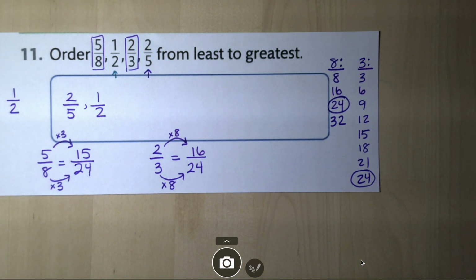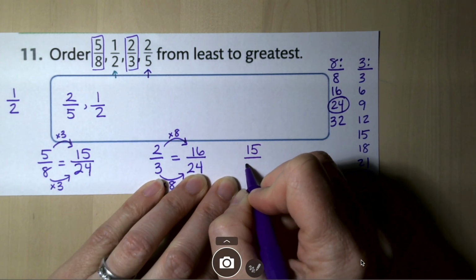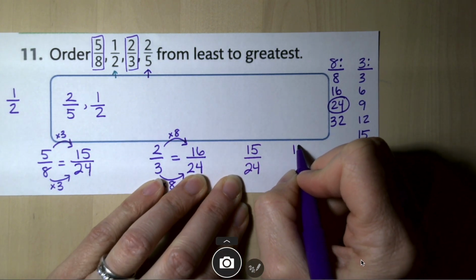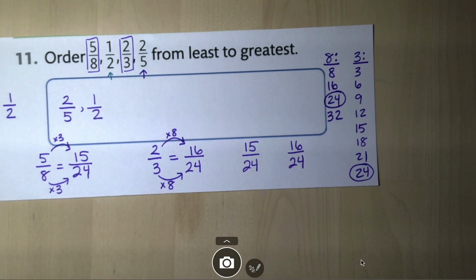Well, now I can see why it was so hard to visualize these two fractions, because 15 24ths and 16 24ths are so similar, because 24 little pieces, that's a lot of pieces. That's how many sections my whole is divided up into, 24.